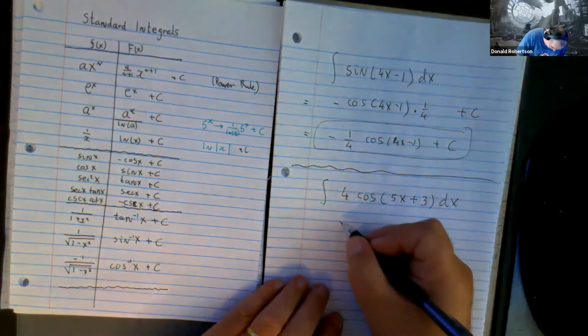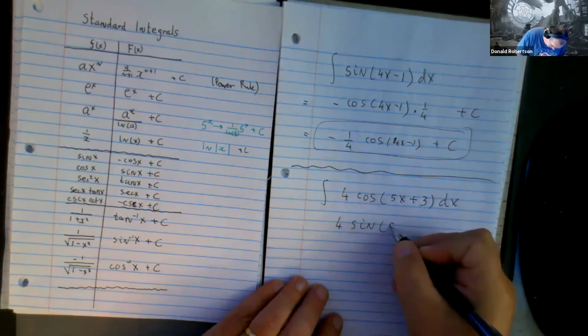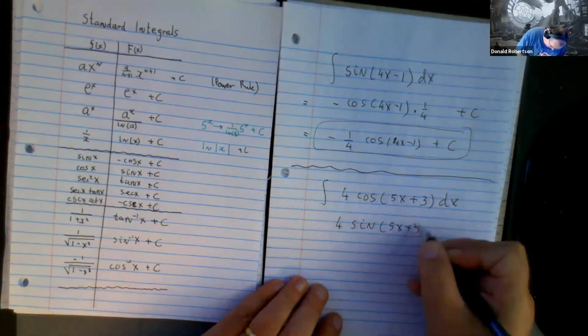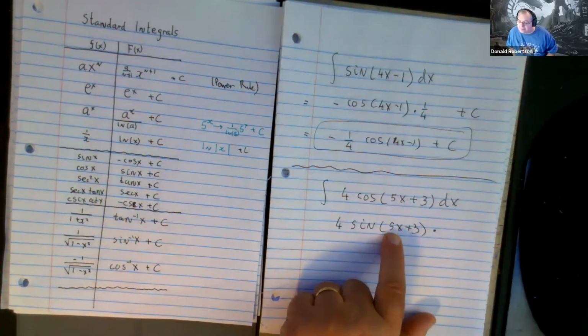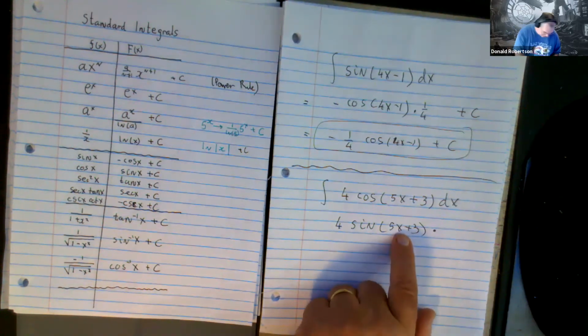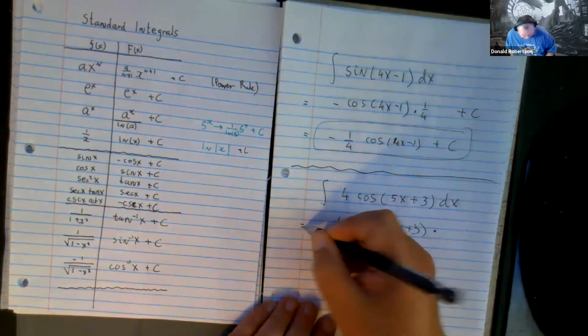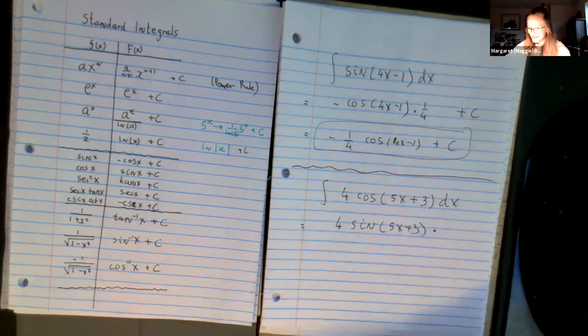Well, when you find the antiderivative of a cosine, you'll get 4 sines of something, times what fraction? What fraction do I multiply this by? Is it a fifth? Yes.